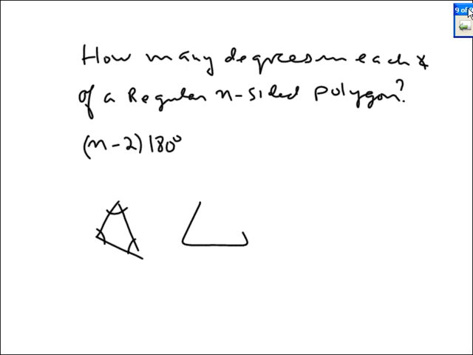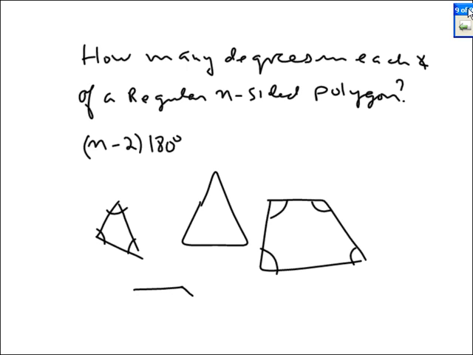If you have a 4-sided figure, you have 4 angles, and so on. 2, 3, 4, 5. 1, 2, 3, 4, 5.